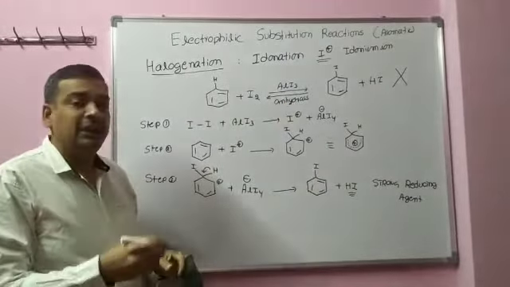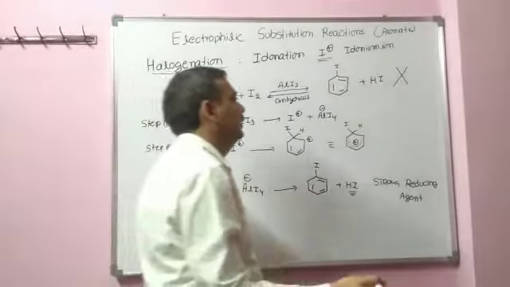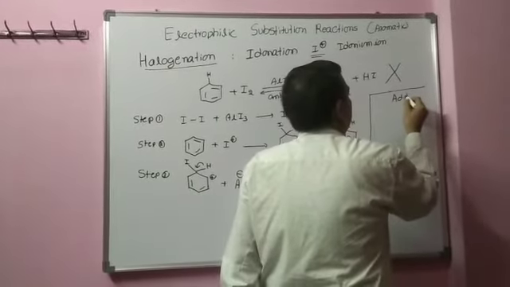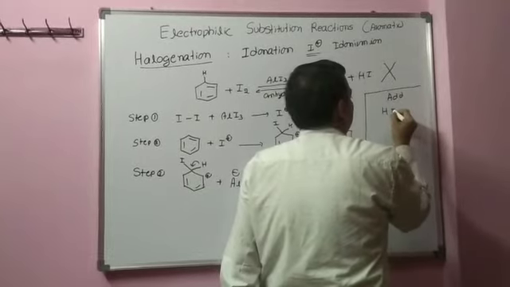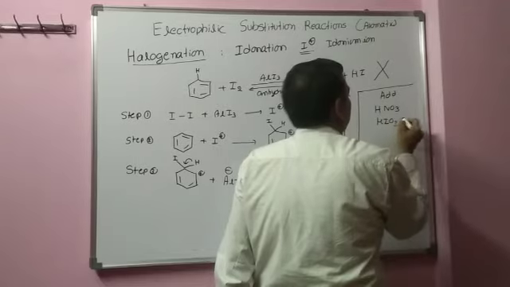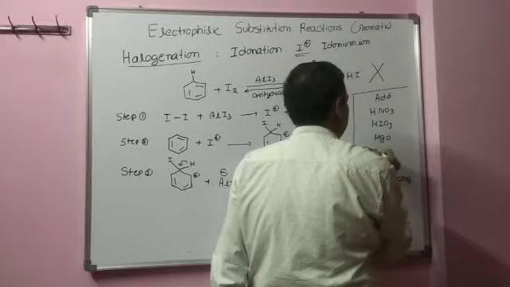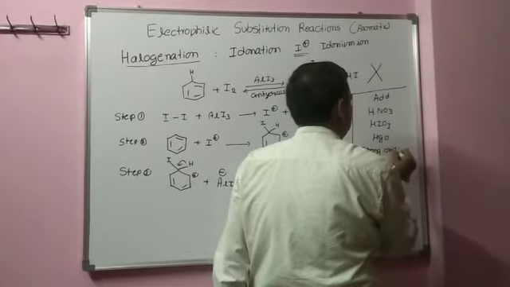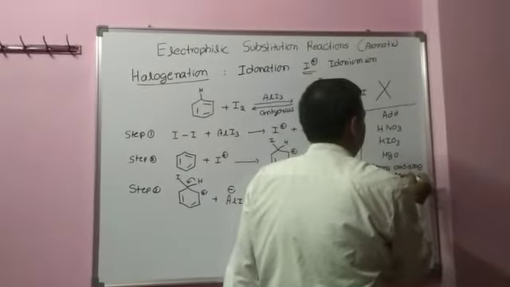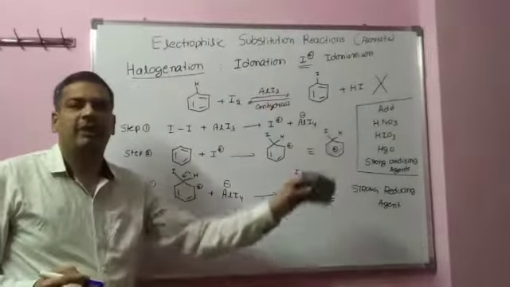Now what do we need to do? We have to shift the equilibrium forward. To do that, we need to add strong oxidizing agents like HNO3, HIO3, or mercury oxide to the reaction to shift the equilibrium in the forward direction.